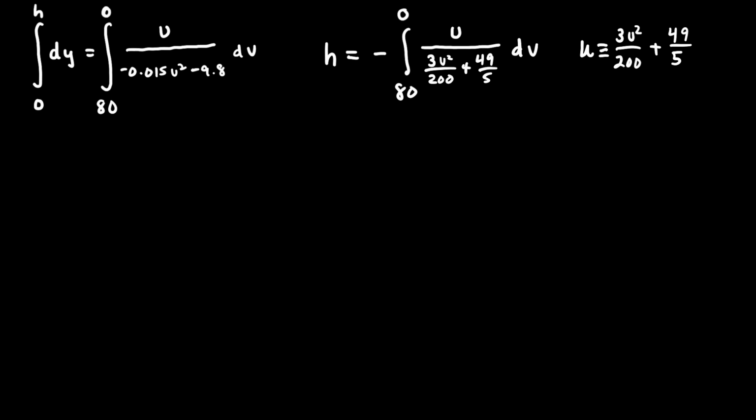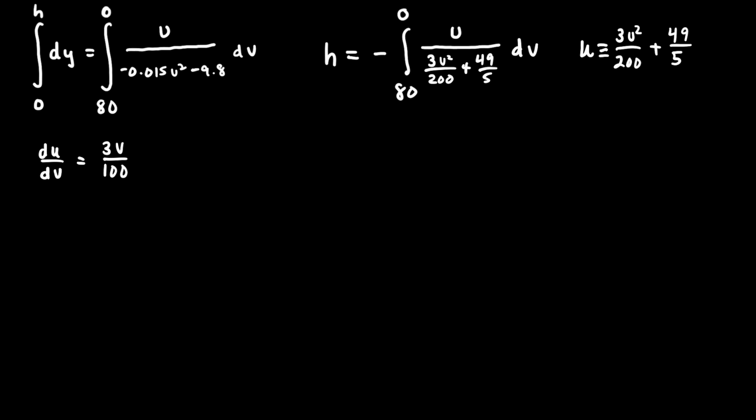And if we do that, then the derivative of u with respect to v, so du dv, is equal to 3v divided by 100, right? Because the second part of u, that 49 fifths term, doesn't have v in it, and so that would just drop out.